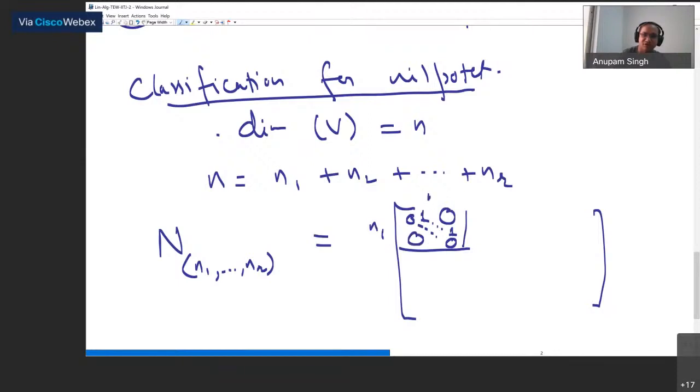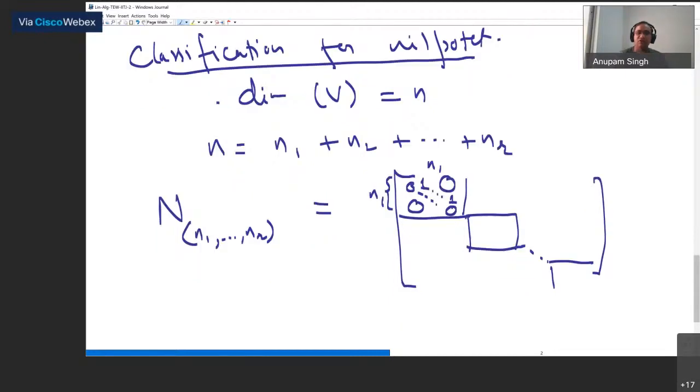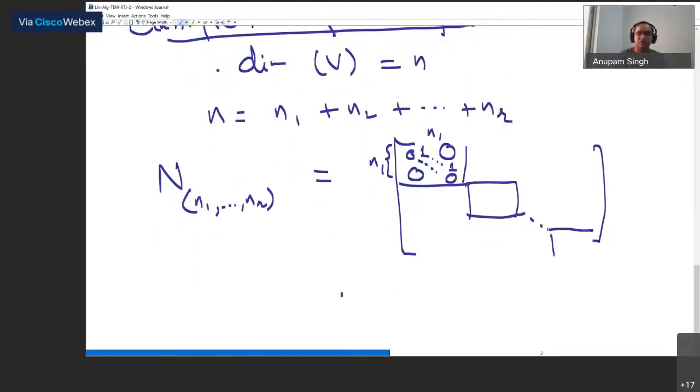So this is n1 and this is n1. And similarly, a block for n2 and so on. Similarly, a block for nr. This is how a general nilpotent element will look like, up to a nice representative. That means up to conjugacy or up to similarity.